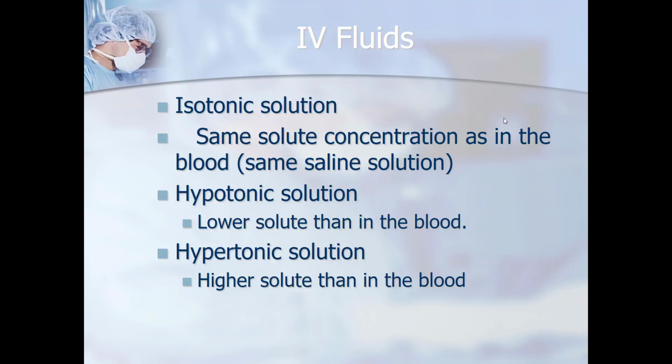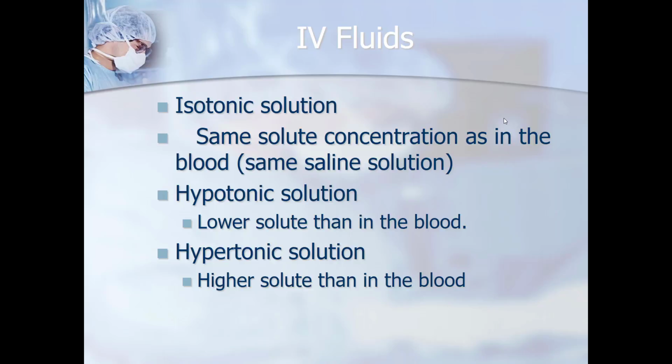Hypotonic solution, on the other hand, is fluid that is lower solute than what's in the blood. Hypertonic is a higher solute. So hypotonic solution, for example, is if you're going to give that in an IV in a patient, water then is going to be pulled out of the blood vessel and go into the cells.